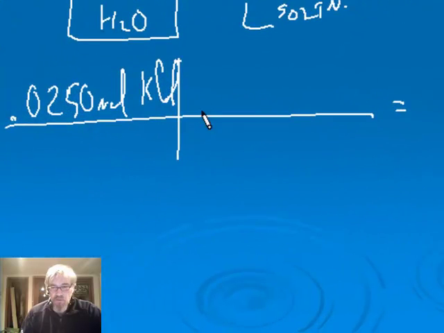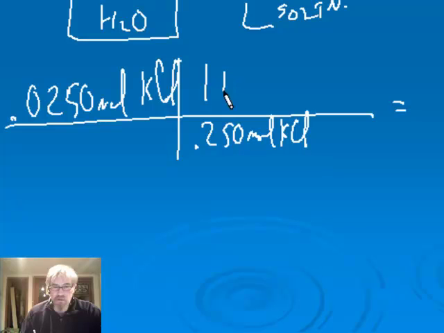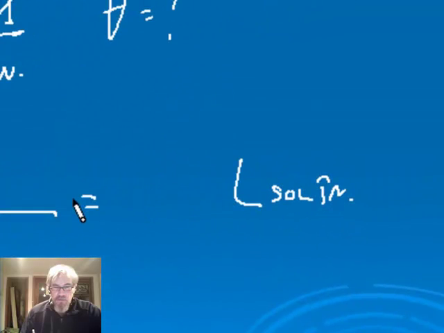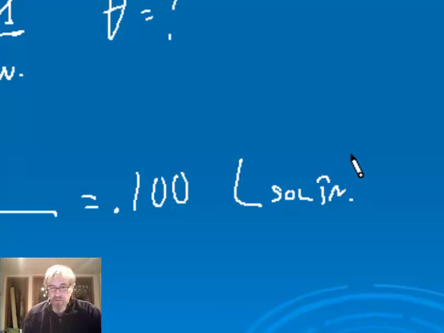There are 0.250 moles of KCl in every 1 liter of solution. So with moles of KCl dropping out of here, I'm going to get my answer in liters. If I take 0.0250 and divide by 0.250, I get 0.100 to 3 significant figures, liters, or 100 milliliters that would be. So if I pour out 100 milliliters of this solution, I would get 0.0250 moles of KCl.